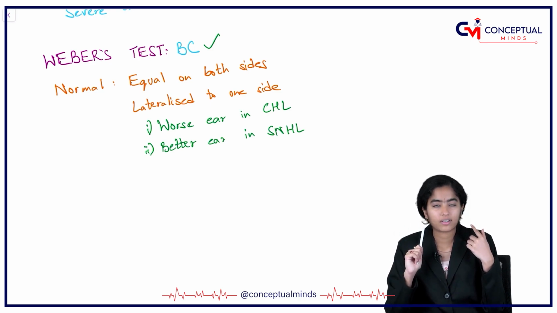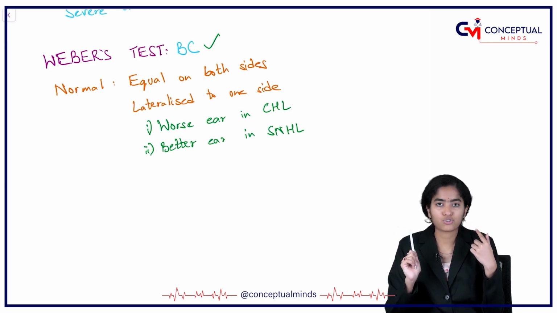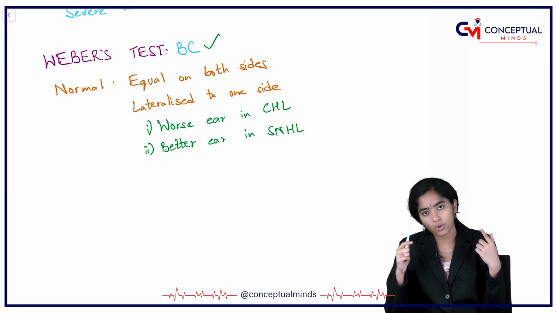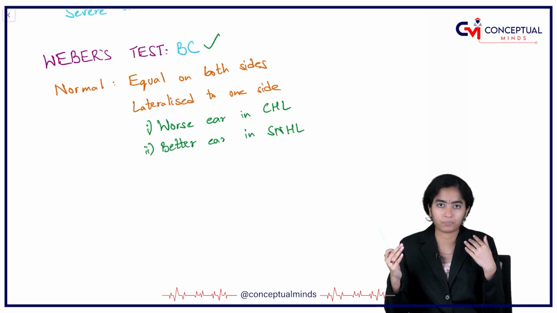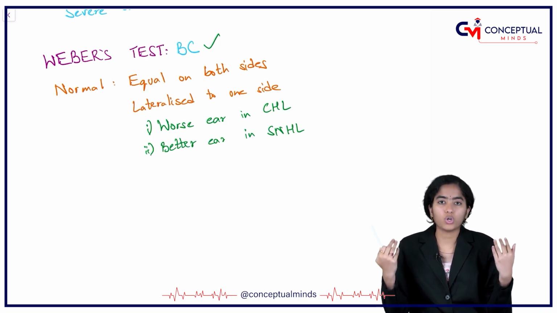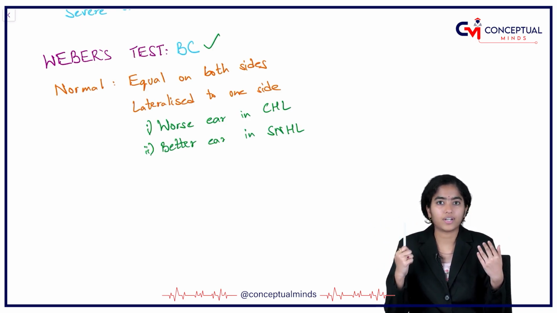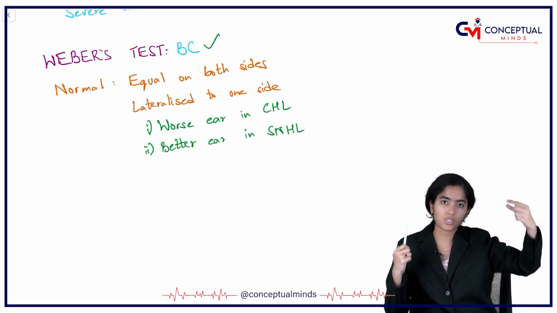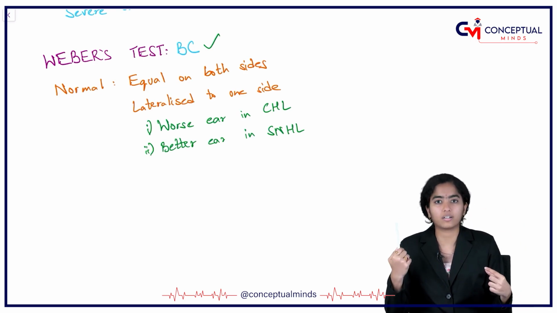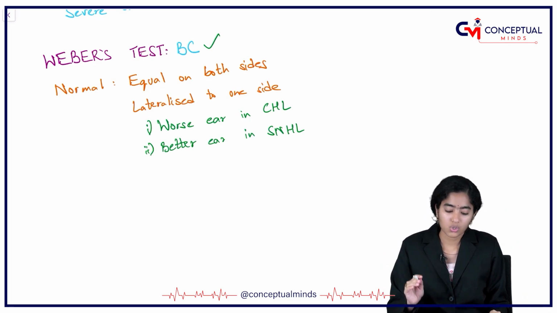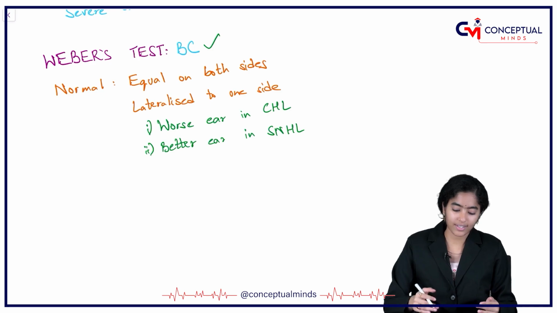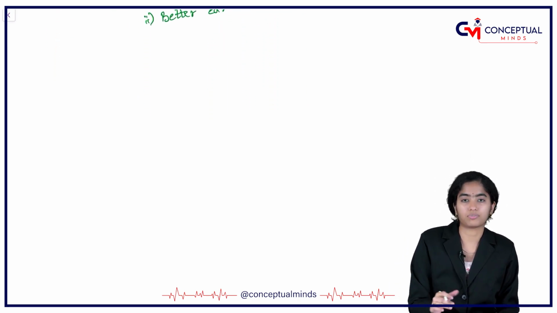But on the other side, the conducting pathway is damaged, so the patient cannot hear the outside ambient noise, and so bone conduction is perceived better. Because there is no noise effect on the side with conductive hearing loss, the patient hears the sound from the tuning fork better than in the opposite ear. So this is the concept. Let us study with examples for better understanding.